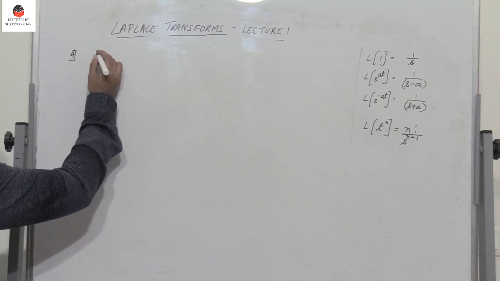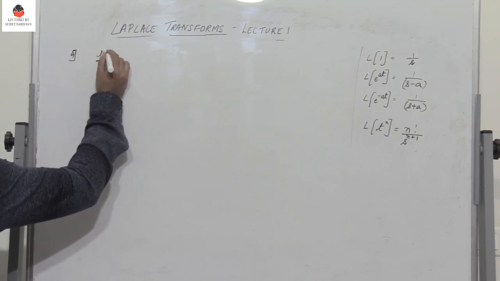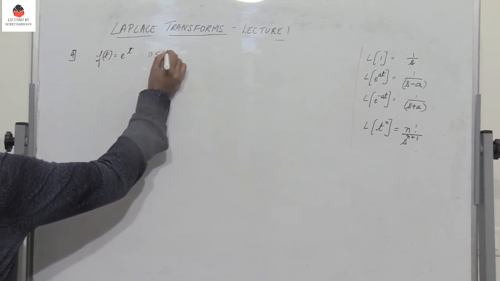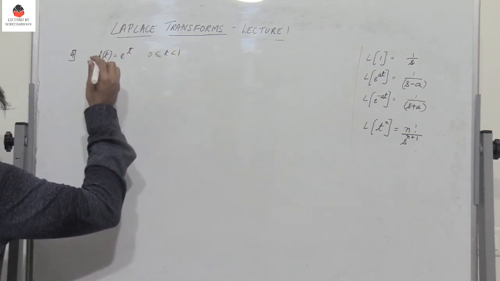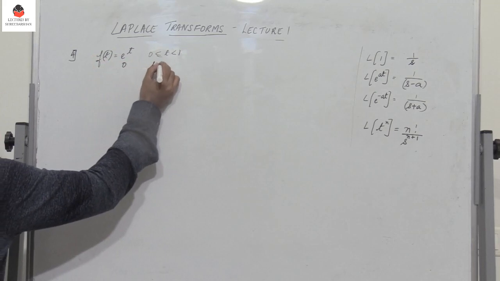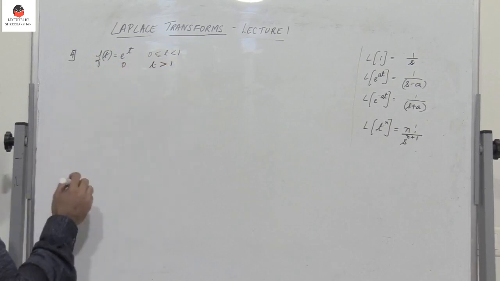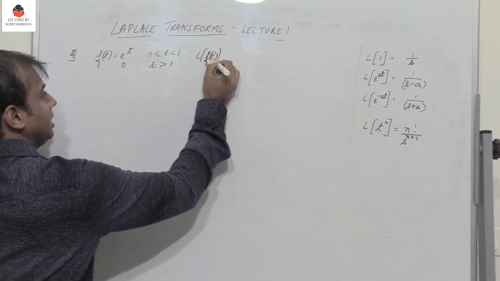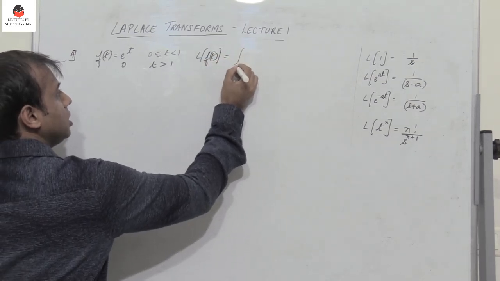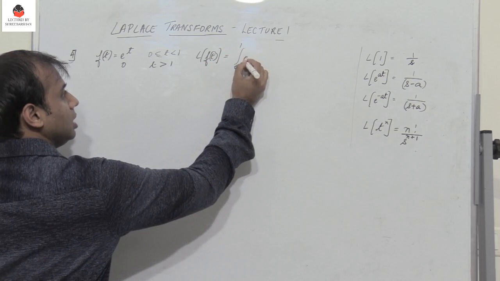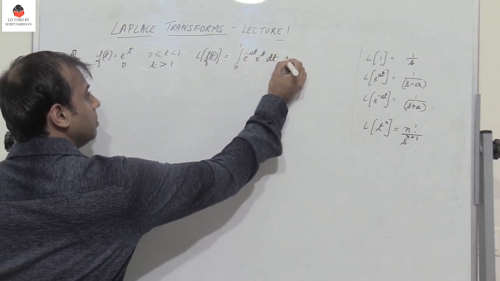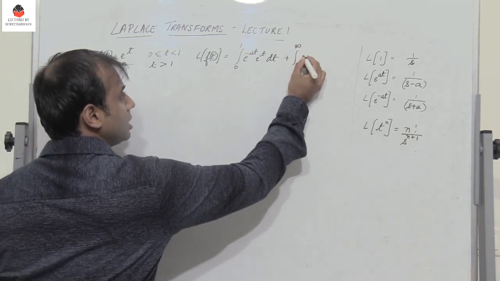Example 4: f of t equals e power t for t varying between 0 and 1, and 0 for t greater than 1. Right, so this is nothing but the Laplace transform of f of t, which is the integral from 0 to 1 of e power minus st into e power t dt, plus the integral from 1 to infinity, which is 0.